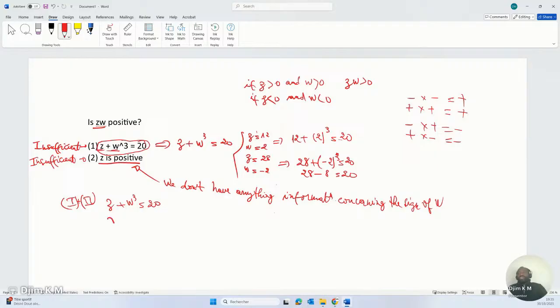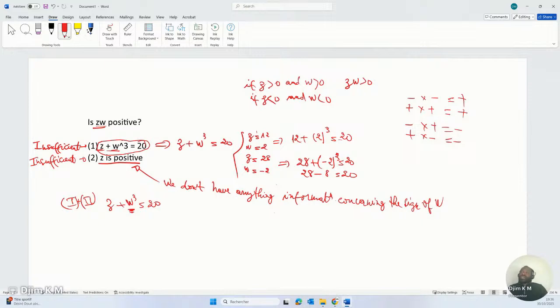But even when z is positive, w can take any value possible. So the combination of the two conditions is still not sufficient, because we need to have the information concerning the sign of w.